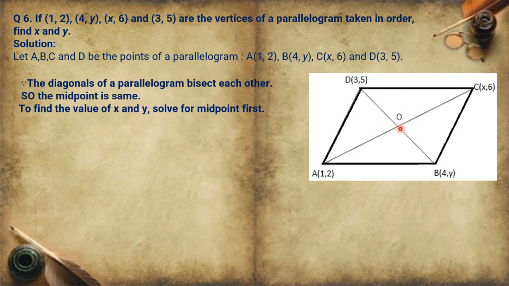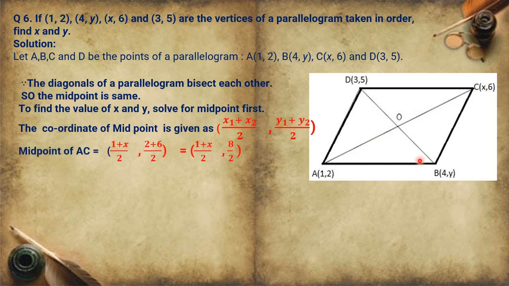That means O is the midpoint, and by the section formula, when the ratio is 1:1 it divides into equal parts, so it becomes the midpoint, and the coordinate of the midpoint is given by ((x1 plus x2) upon 2, (y1 plus y2) upon 2). So put the values for the diagonals AC and BD, and we get the values of the unknown quantities x and y.